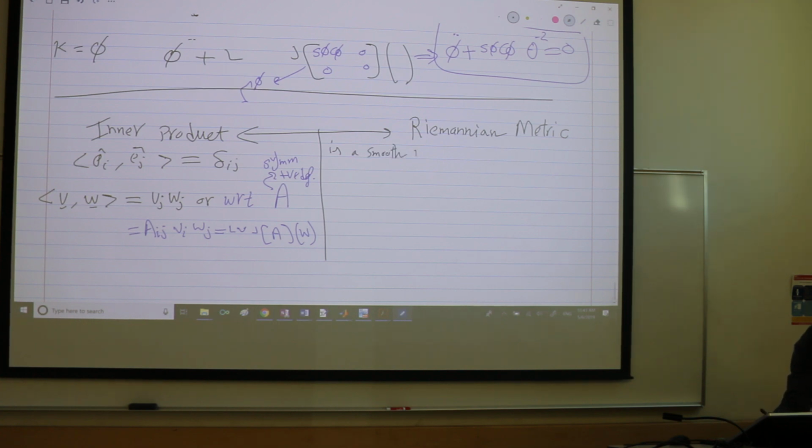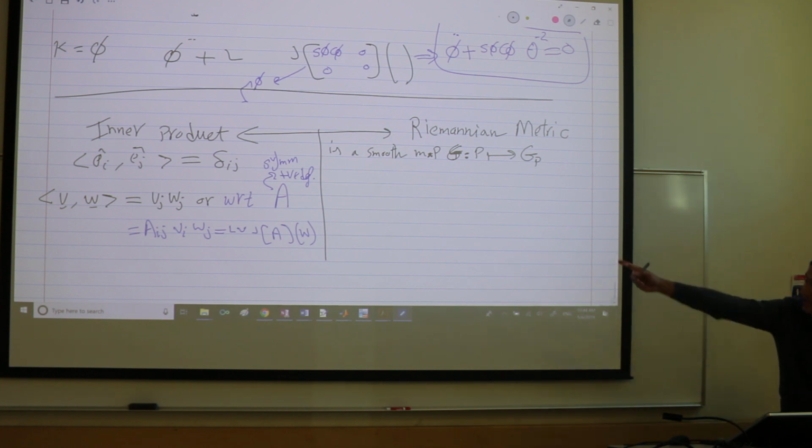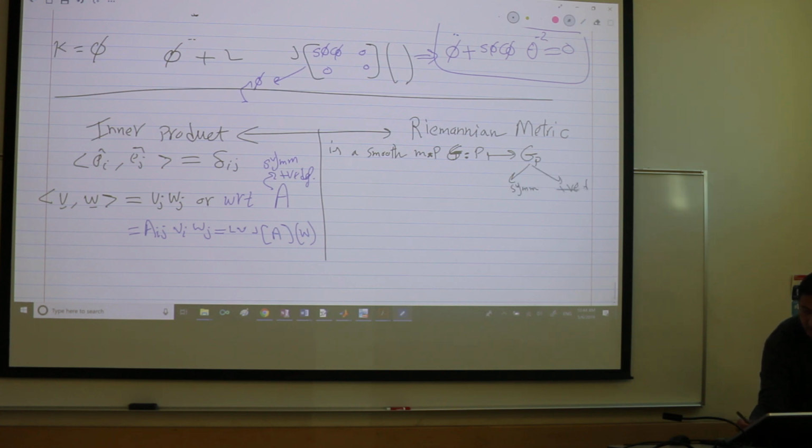It does it in a smooth way to preserve the manifold structure. It's a smooth map, say call it G, that takes a point and gives you a matrix, G at this point, a matrix full of numbers. It's exactly like your A over there. It's symmetric and positive definite. Okay?